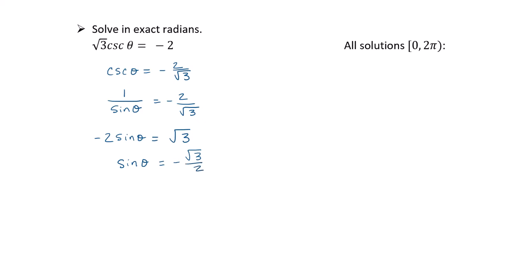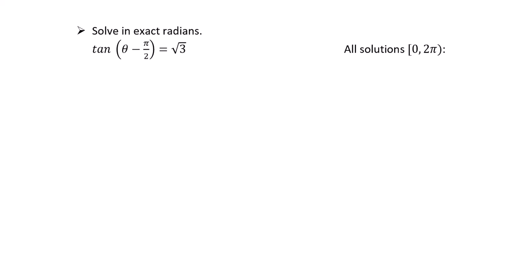Now we have to try and include all of the solutions within 0 to 2 pi, where the sine of theta is negative square root of 3 over 2. That's going to be at a theta of 4 pi over 3, or 5 pi over 3.